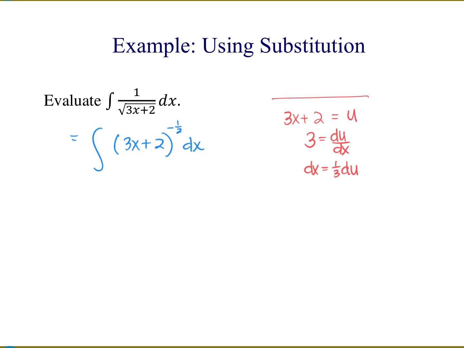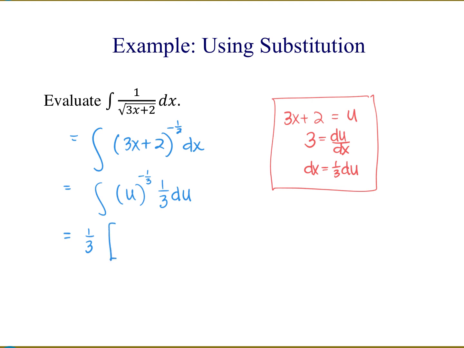That pre-work being completed, we can go back to our integral and replace the parentheses with u and replace the dx with 1/3 of du. And now we're in the rhythm. Now I can pull 1/3 out to the front, and I can work on a bracketed antiderivative.